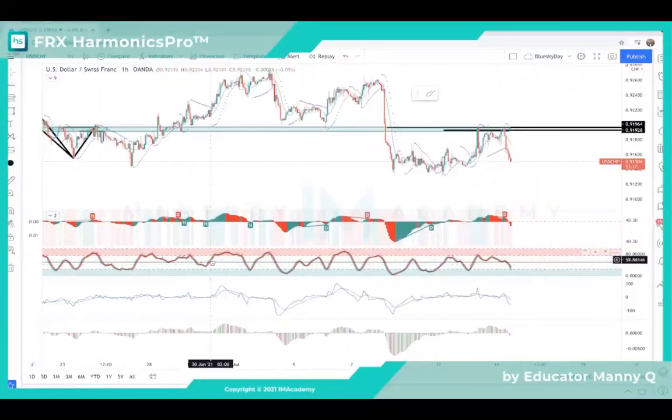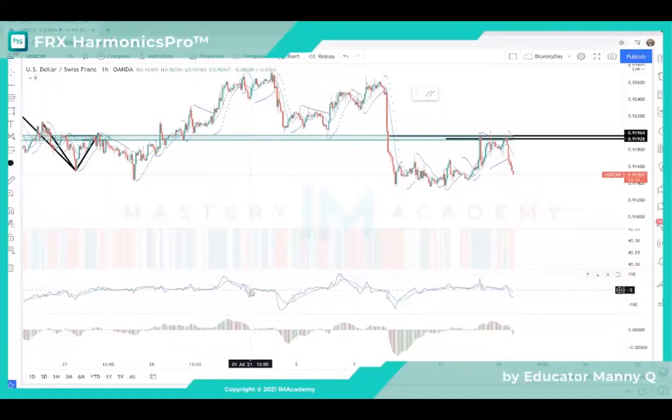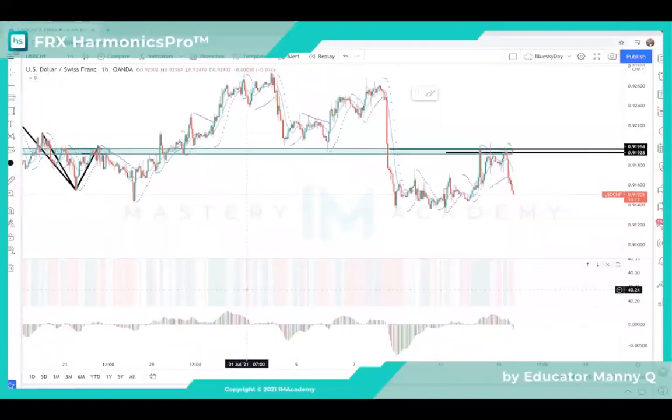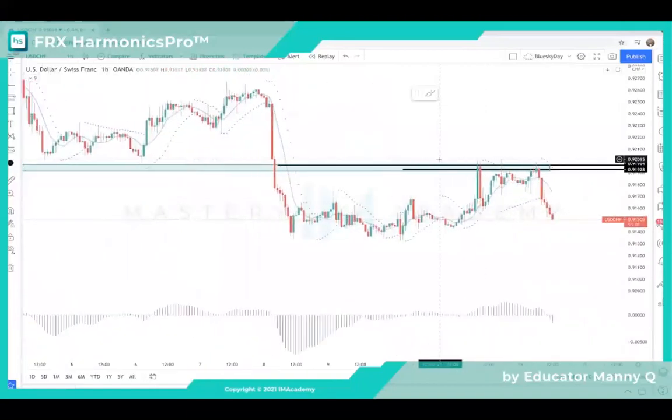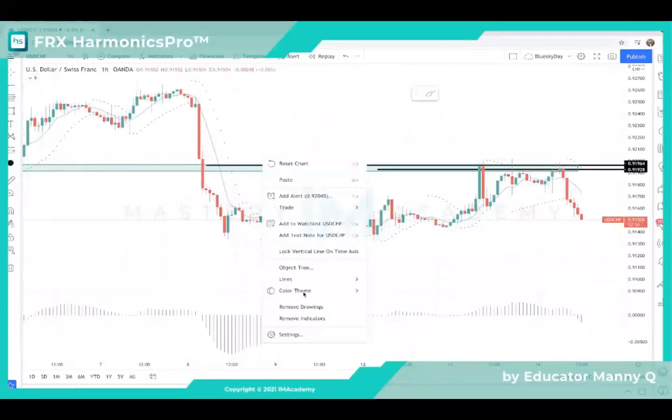All right, we're going to get rid of the rest of these indicators right over here. Okay, now if we look over here again, this combination of indicators, let me just remove my drawing tools from this market here.